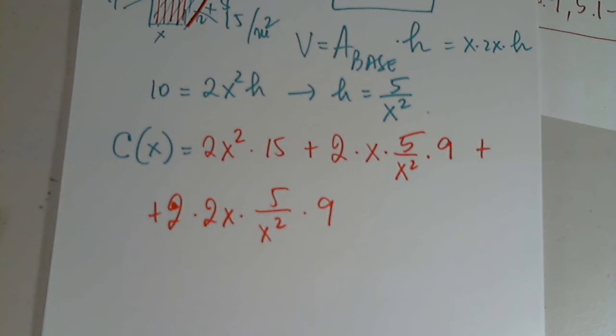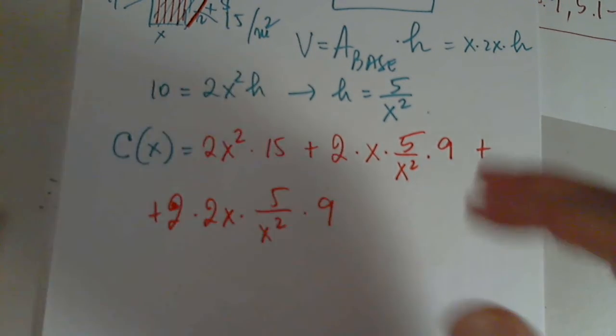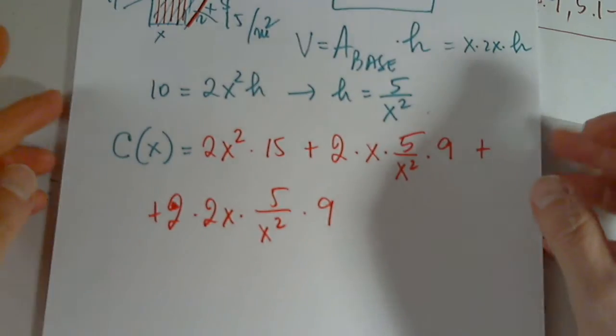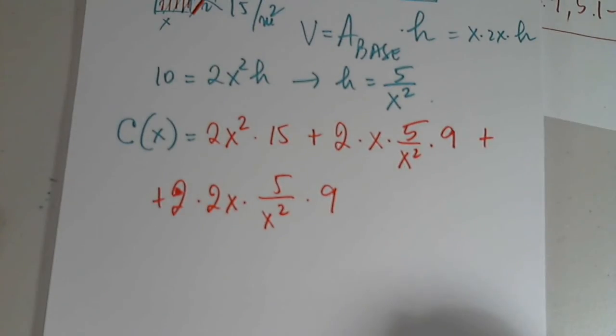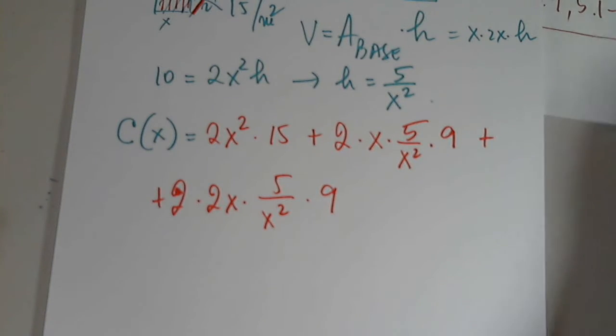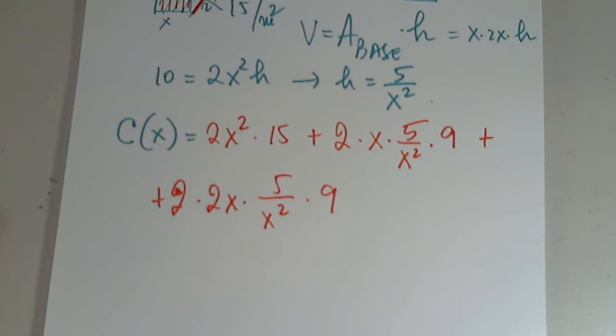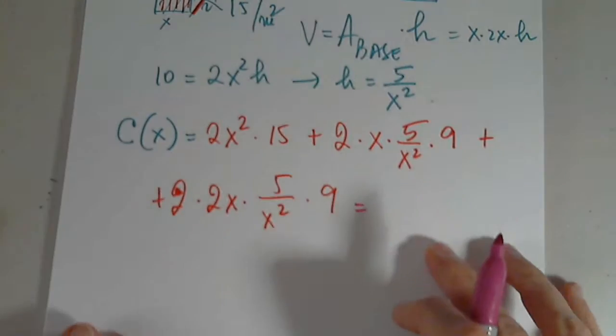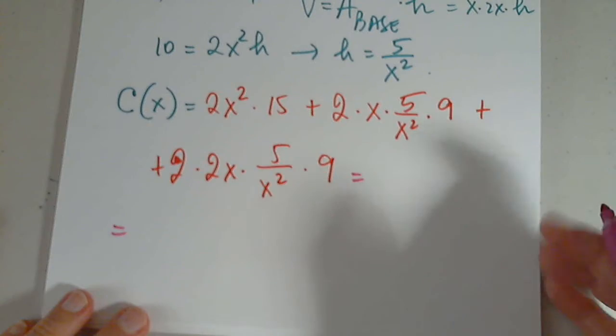See if this is okay so far before I try to simplify, because I have to simplify as much as possible. Basically, from this moment on, smooth sailing. I determine the derivative, find critical numbers, and set equal to 0. But is this okay so far? Do we understand how the cost was determined? Okay, I'm assuming that you said yes.